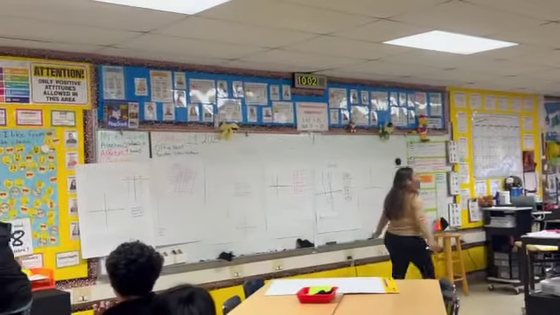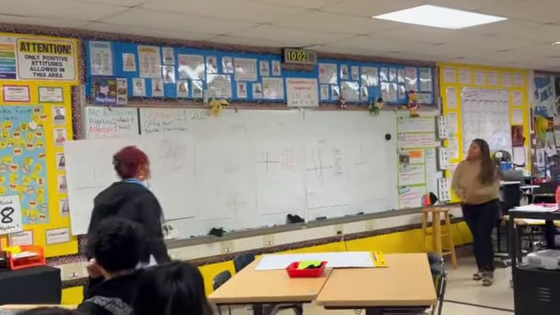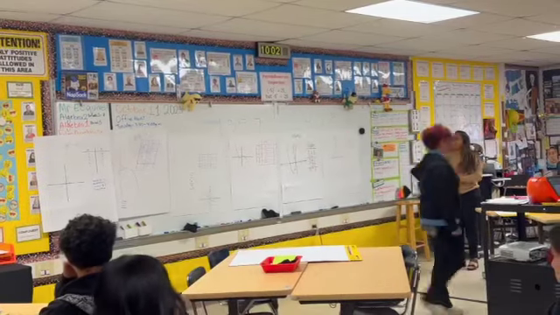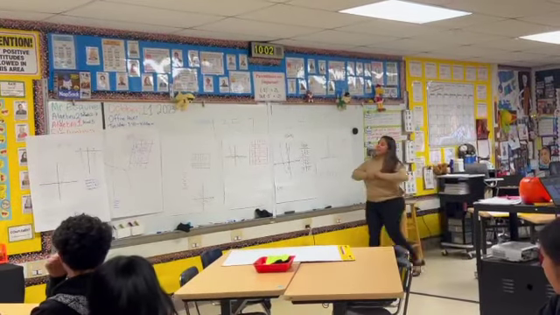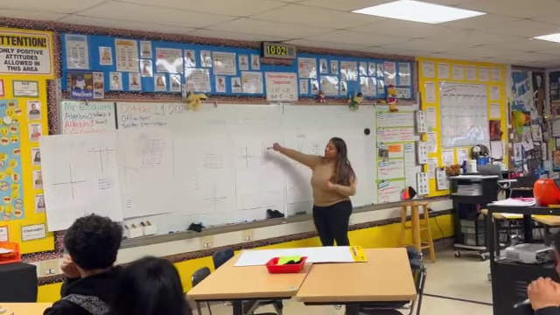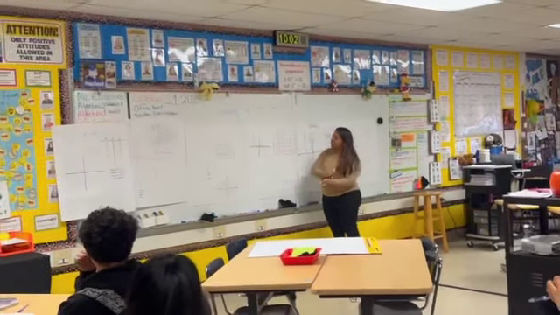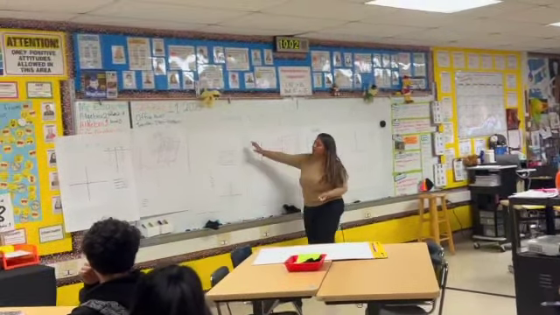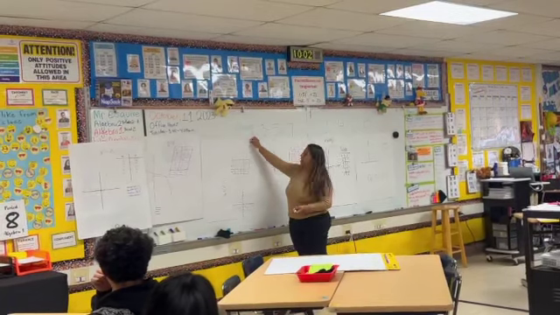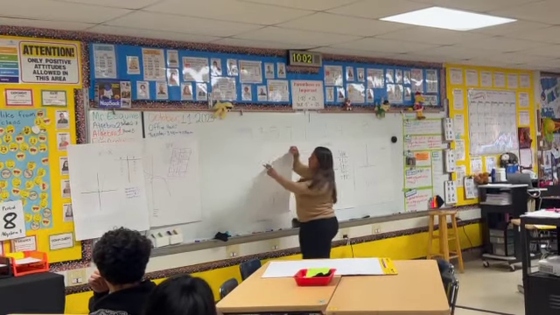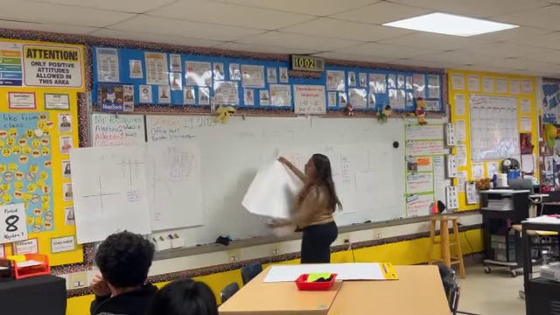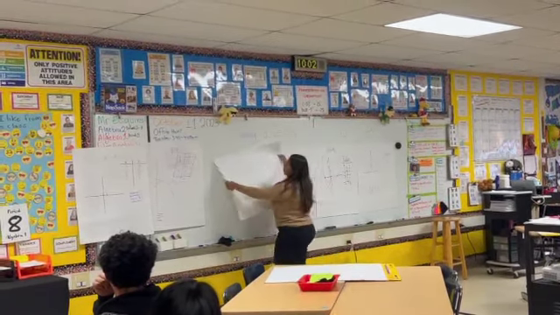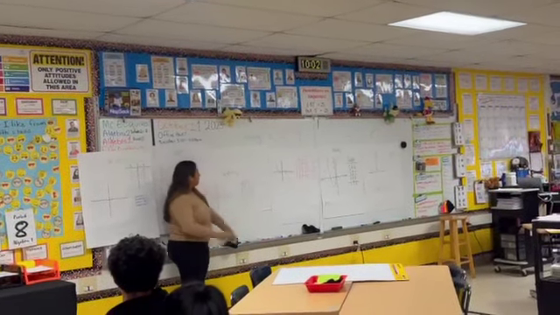So I see some beautiful graphs. We're gonna go ahead and take a look at the ones that had 1, 3, 5, 7 as your degree. We're gonna take a look at this one, and that one over here.